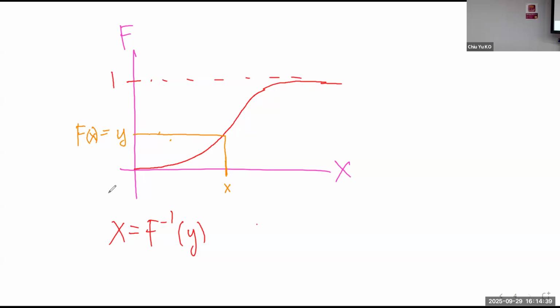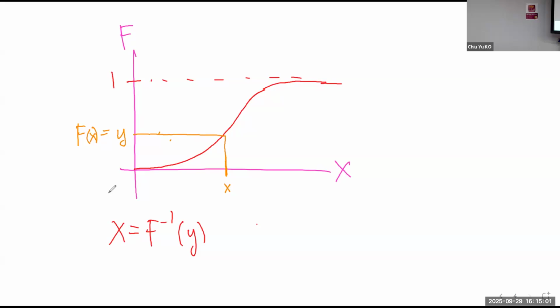That's called the inverse, and this will be very useful. Later you will see when we talk about the bell curve, because from a number I give you a probability, and from a probability I give you a number, that's the inverse. We'll use it for the rest of the semester, so don't worry.